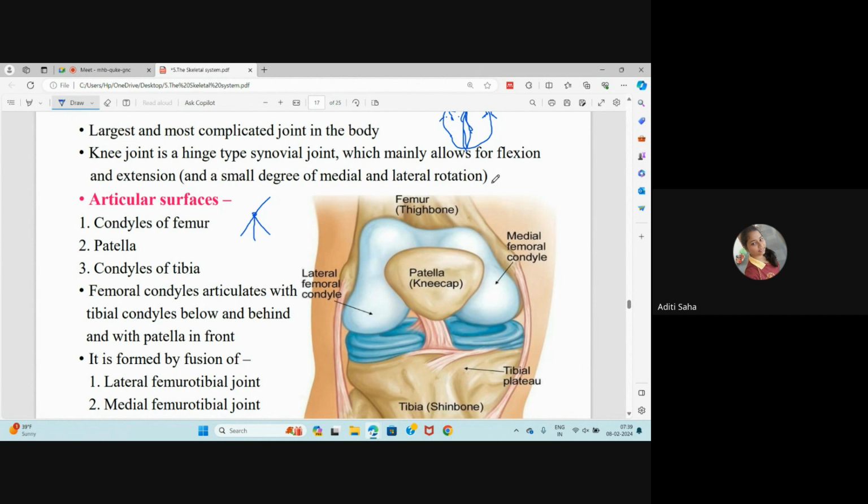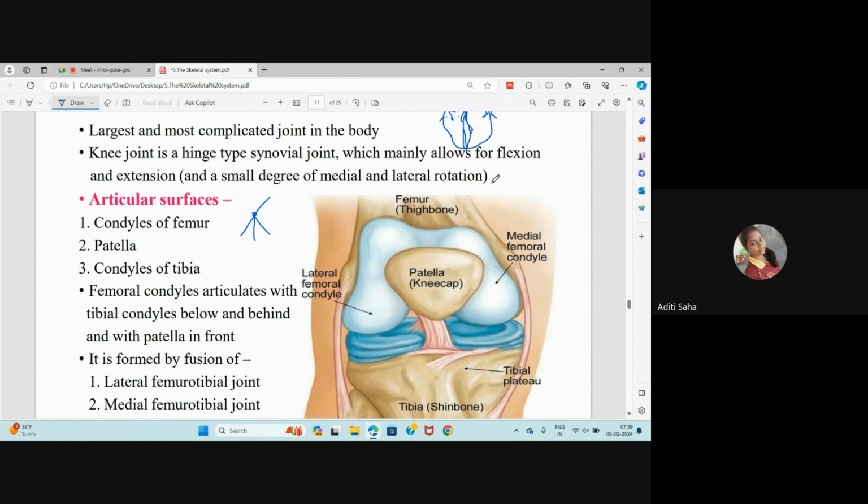We are bringing our lower leg towards the midline. When we are bringing our lower leg towards the midline, then it is medial rotation. And if we are moving our lower leg away from the midline, that is outward, then it is lateral rotation.